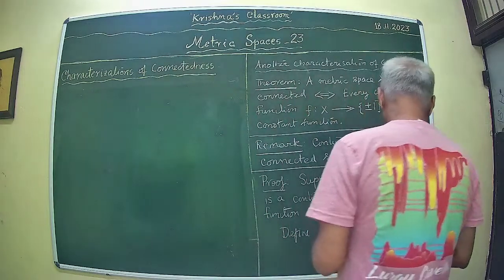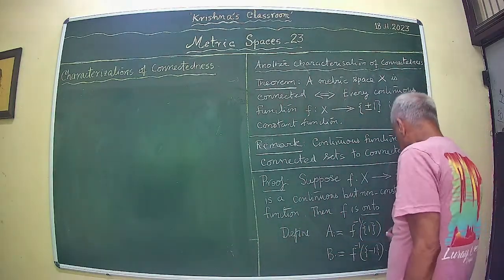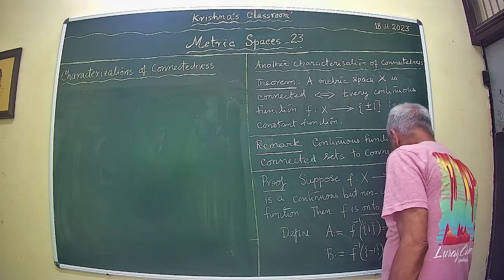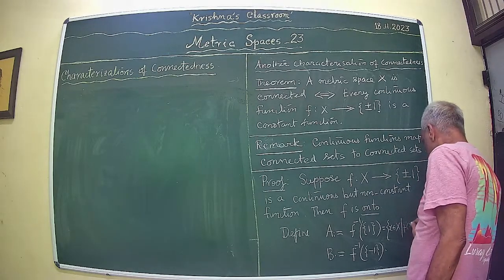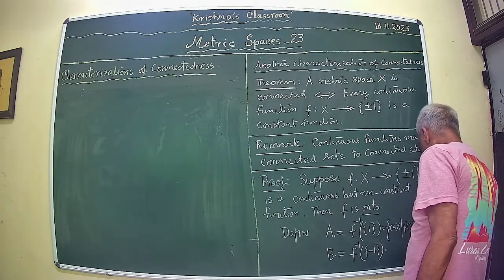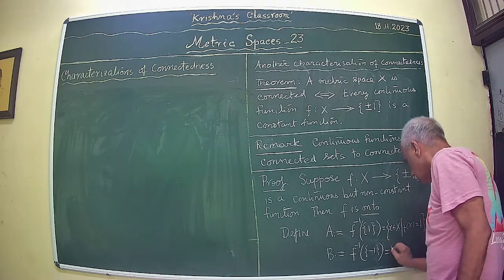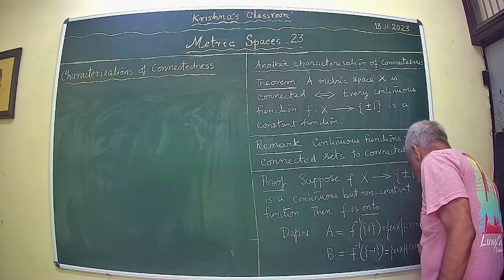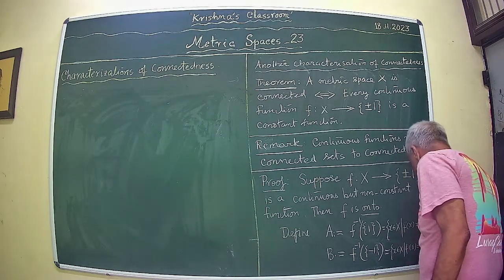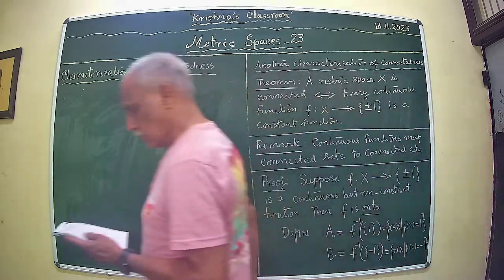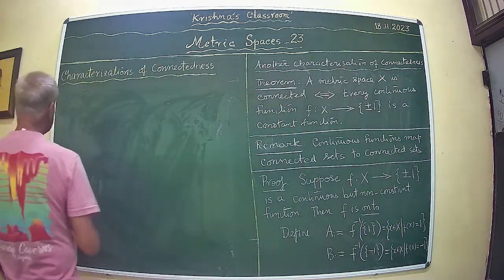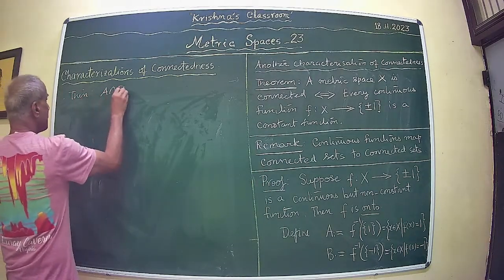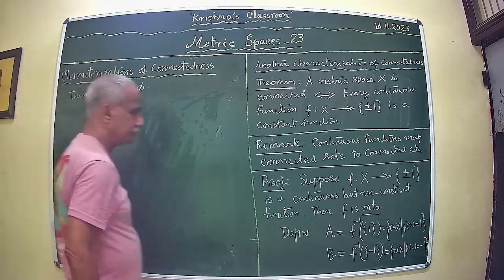That means A intersection B is equal to empty.